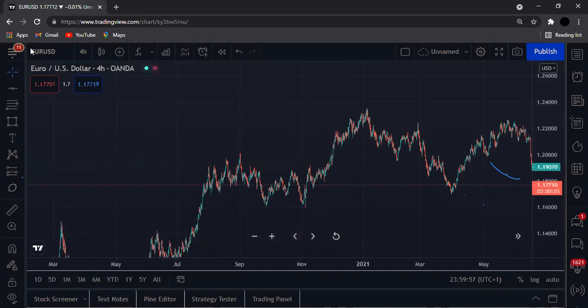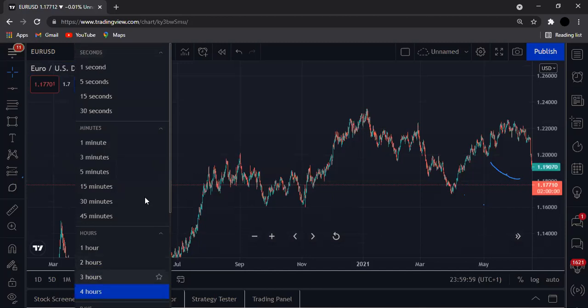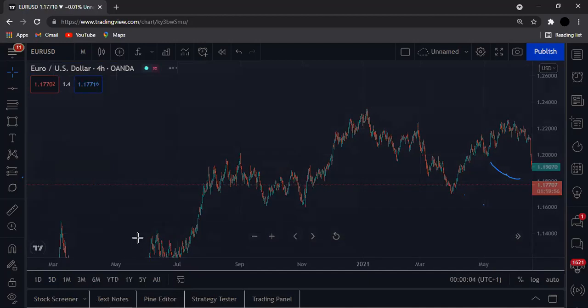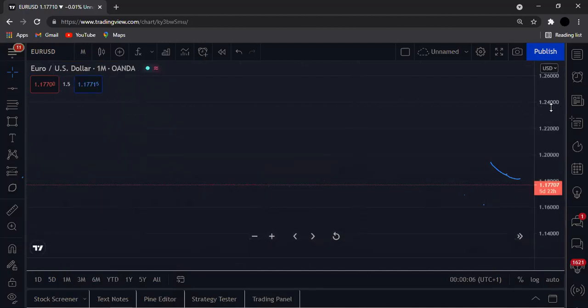Remember your top to down analysis. If possible, you go to the monthly time frame first. So let's see.